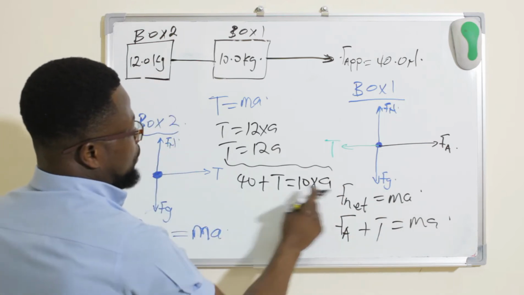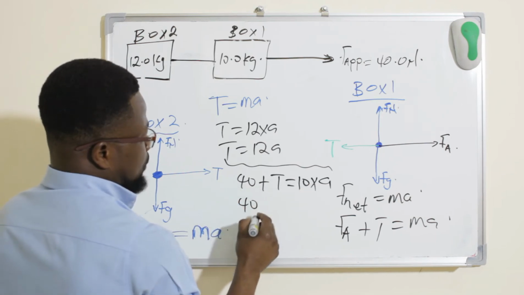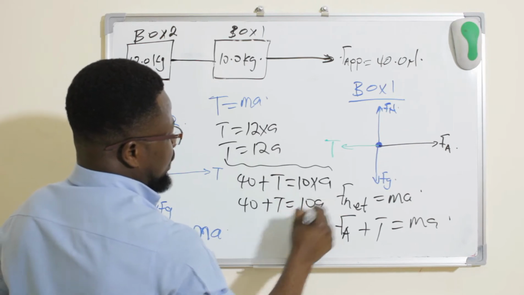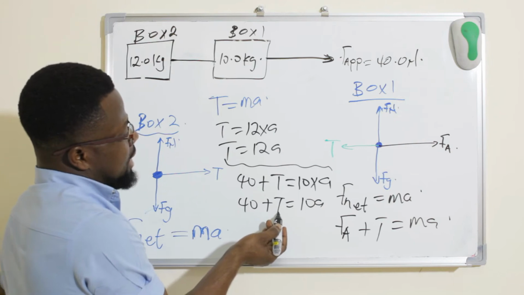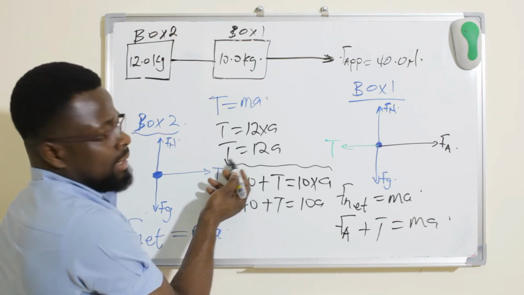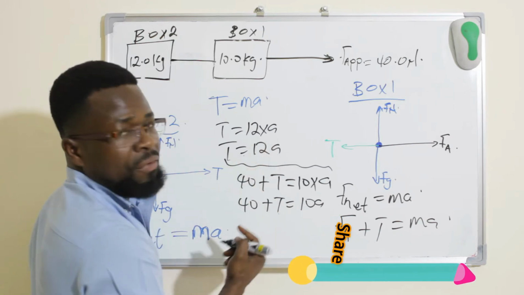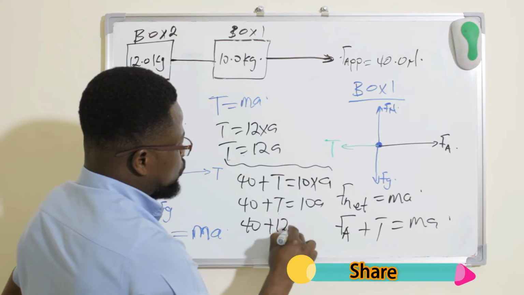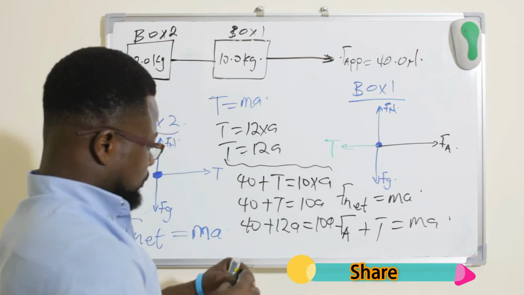So straightforward from here, we have 40 plus T is equal to 10A. And we can easily go back and say that T is equal to 12A. So in place of this T, I can put 12A there. So this is 40 plus 12A is equal to 10A.